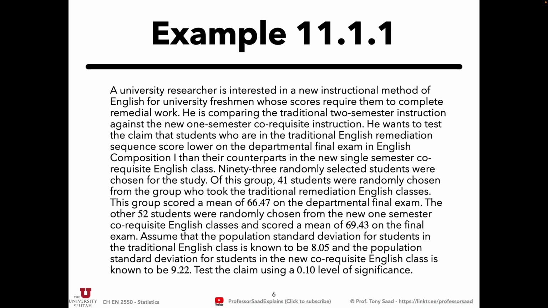So 41 goes to either N1 or N2, and this group scored a mean of 66.47, so that gives us the mean of the first sample. The other 52 students were randomly chosen from the new one-semester co-requisite English classes and scored a mean of 69.43. So that gives us N2, 52 students, and the other sample mean.